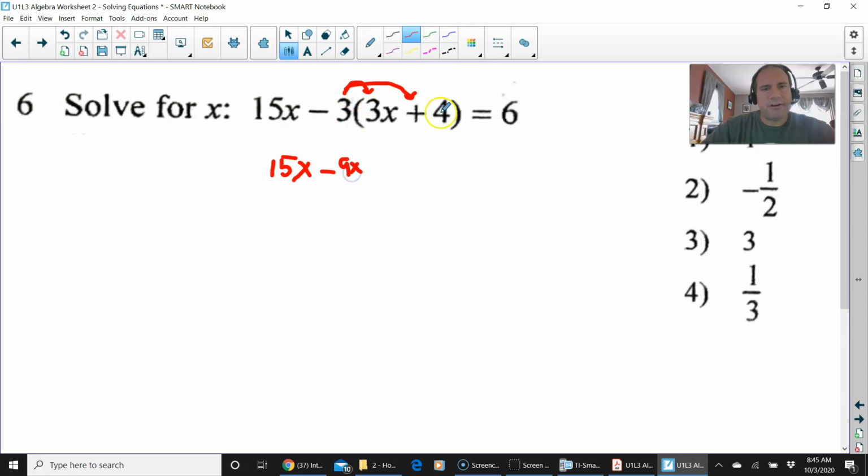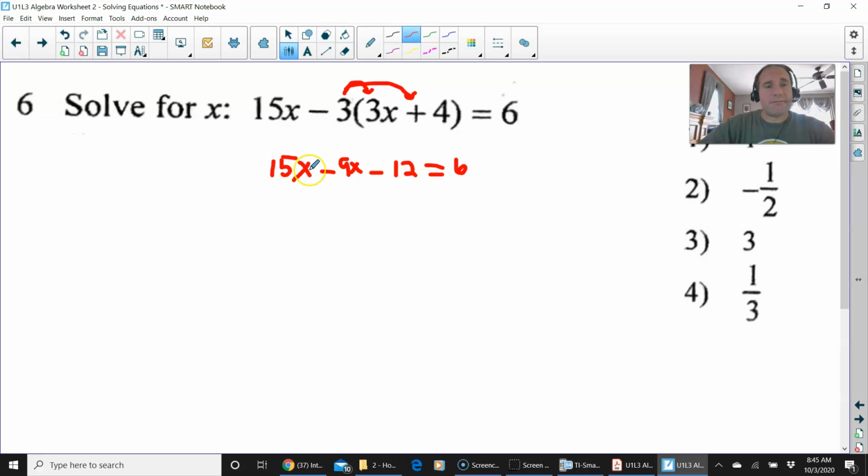And negative 3 times a positive 4 is negative 12. Just be careful with that, because when you're distributing a negative, what it does is that it changes all the signs of everything inside the parentheses.